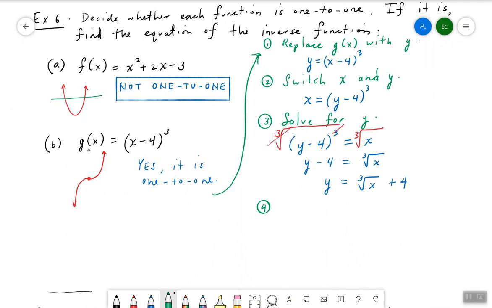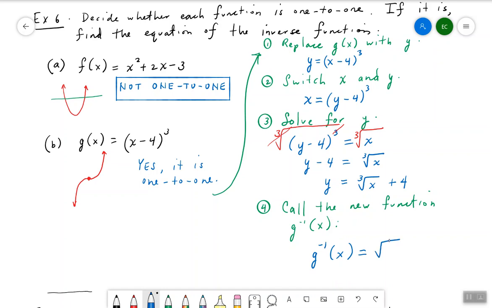Since we started with g of x, this will be g inverse of x. Replace y with g inverse of x. And so there's our answer, and we're done.